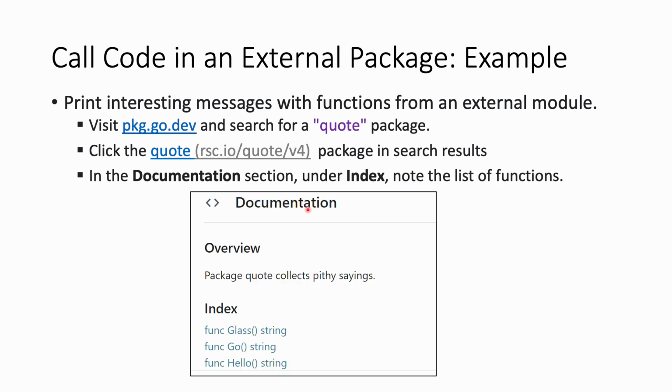In the documentation section of the page for the code package, under index, note the list of functions we can call from our code. We will use the first two functions in the list, which are function Glass and function Go.